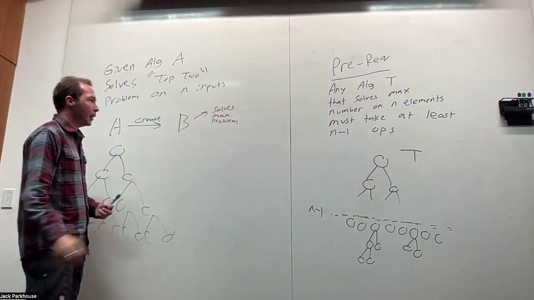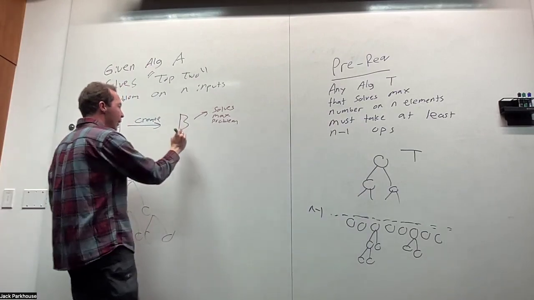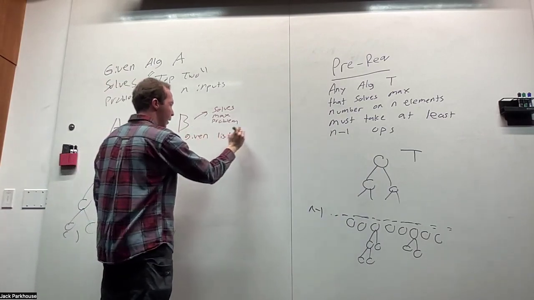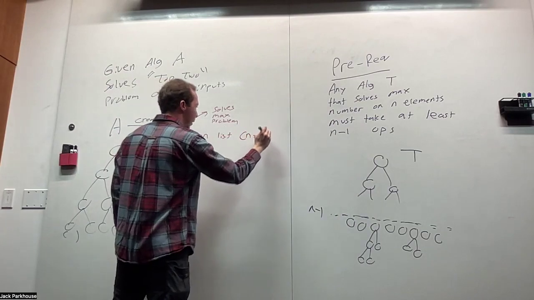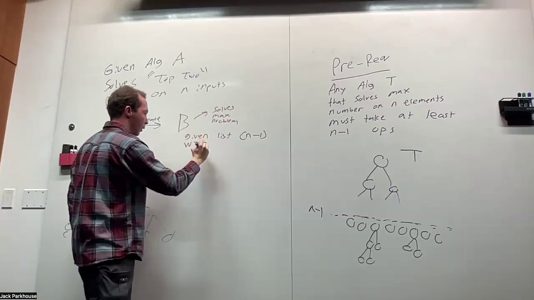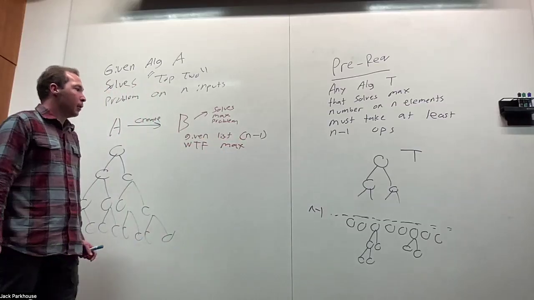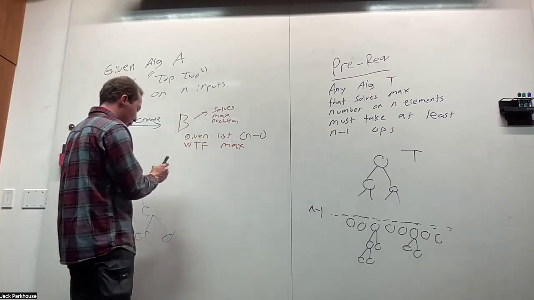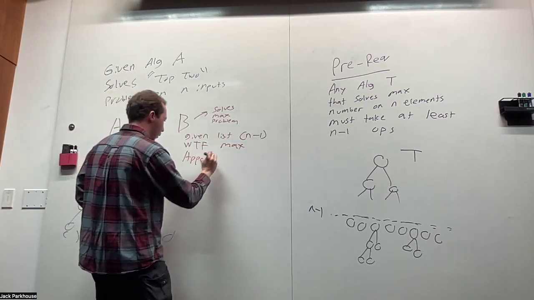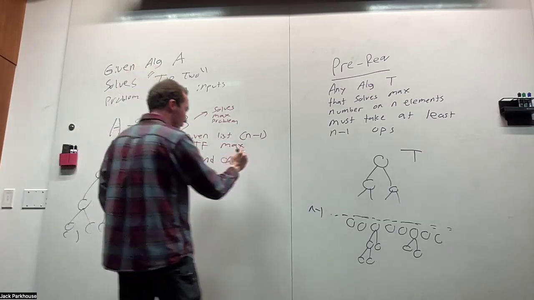So how we're going to do it, we're going to solve B. I'll just write some pseudocode. Let's say we're given a list of size n minus one, and we want to find the max. Well, what we're going to do is append infinity, or just a really large number, to the front.